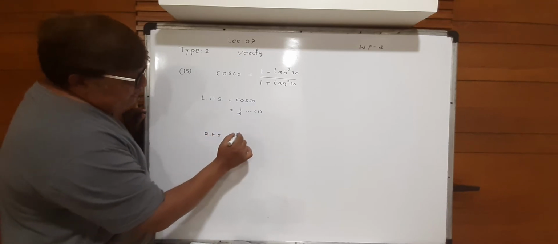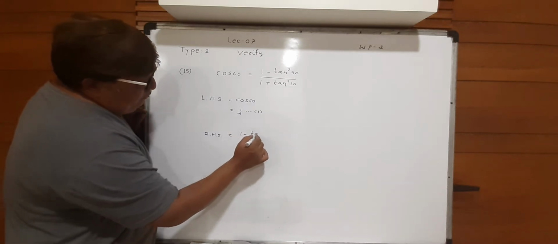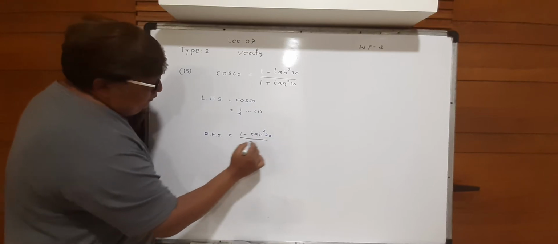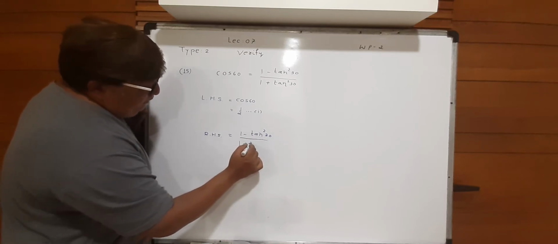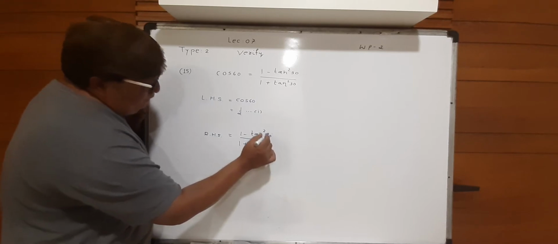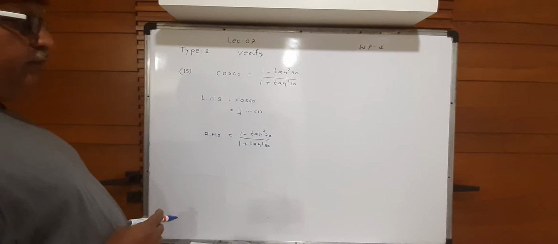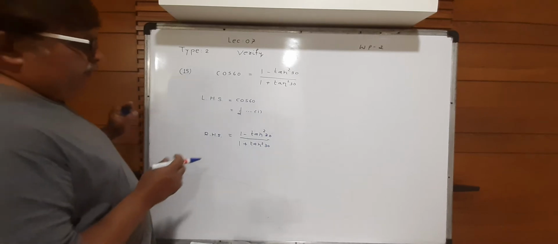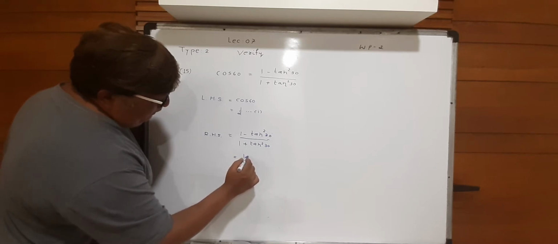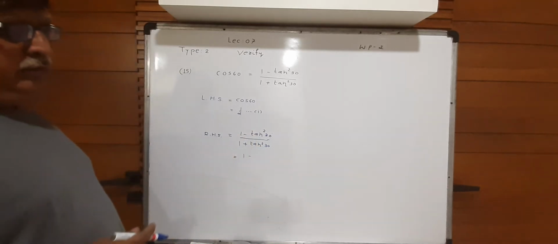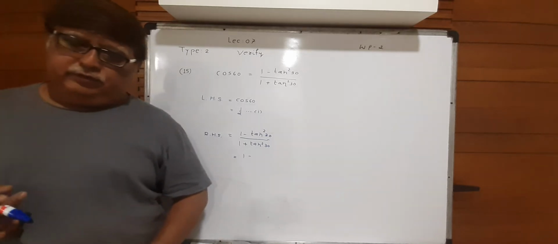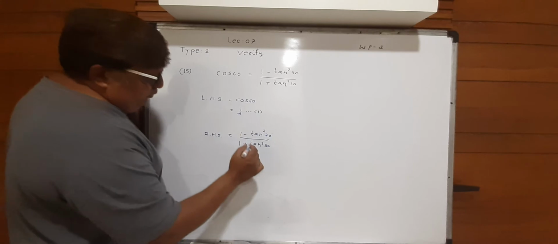In this lecture, my target is to take only one type of examples, as per the work paper, and only 4 examples I am going to take, those 4 examples of simply evaluation. So: 1 minus, you see from the table, what is the value of tan 30? It is 1 upon root 3.